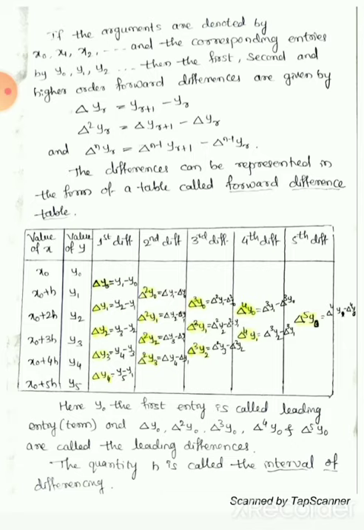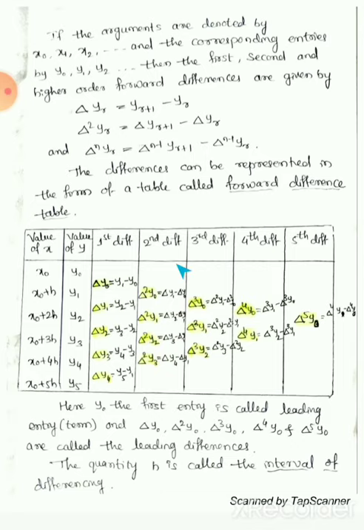And del y4 is equal to y5 minus y4. And the first difference of y5 you can't calculate because you don't have a next value of y. In that way, whenever 6 values of y are there, you will get 5 first order differences.